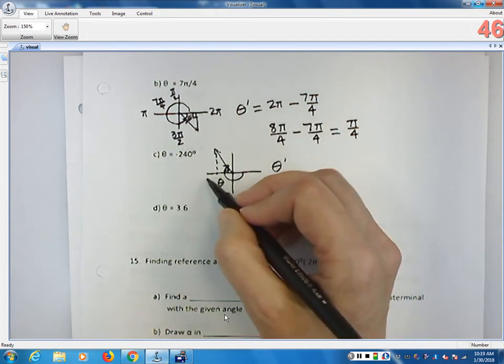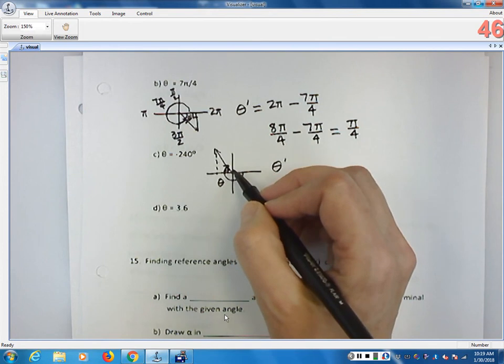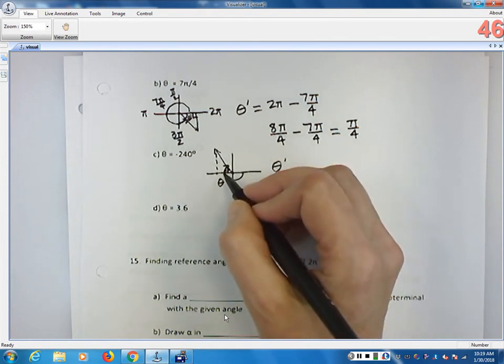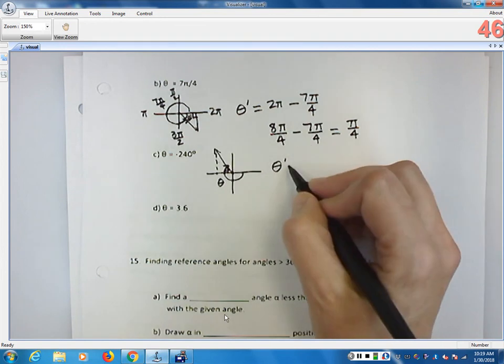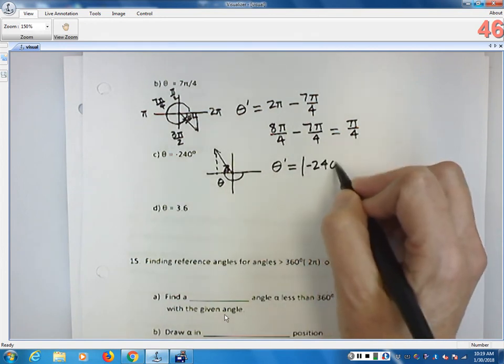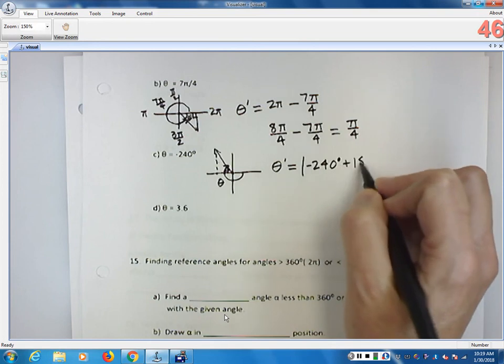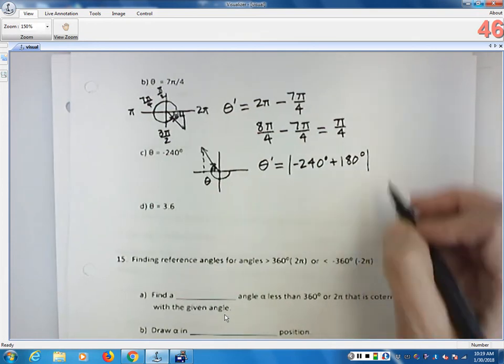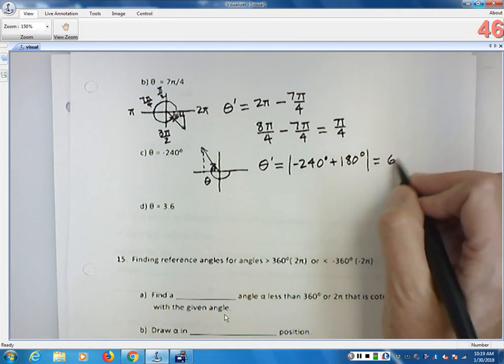What's that going to be? What did I do? I took the absolute value of minus 240 plus 180. Or you could figure it out from the picture. It's going to be 60 degrees.